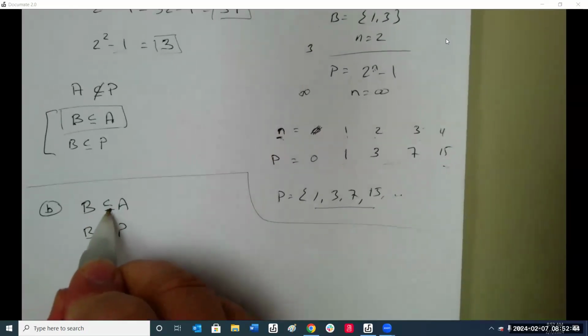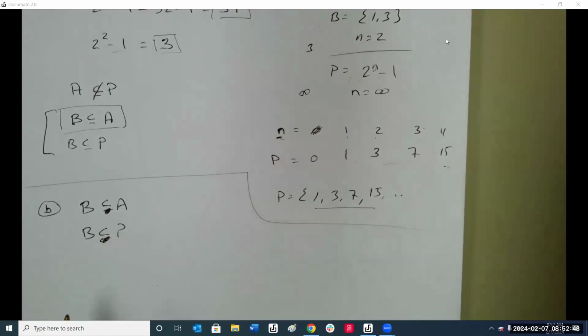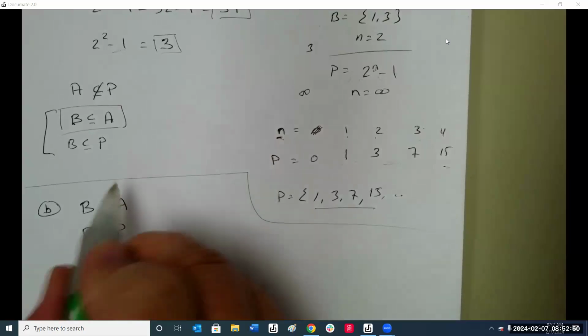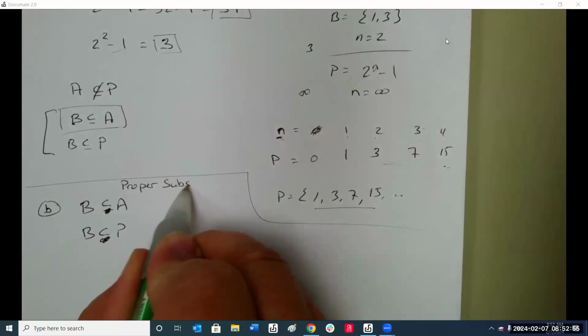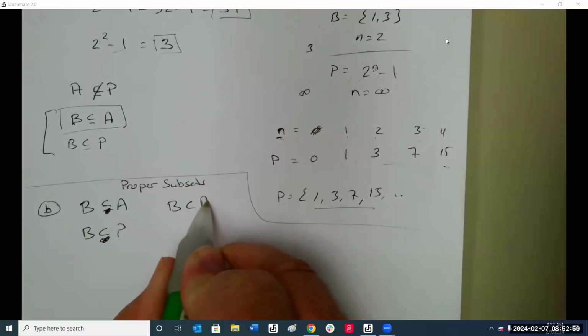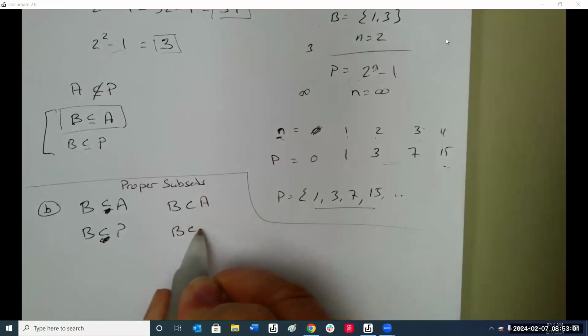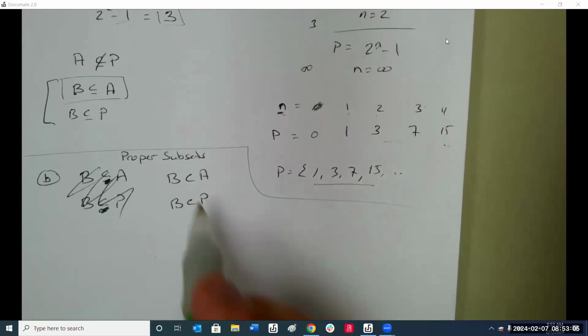There should be no line, sorry. We're looking at proper subsets. Yeah, proper subsets. So those are the proper subsets. Use the right symbol.